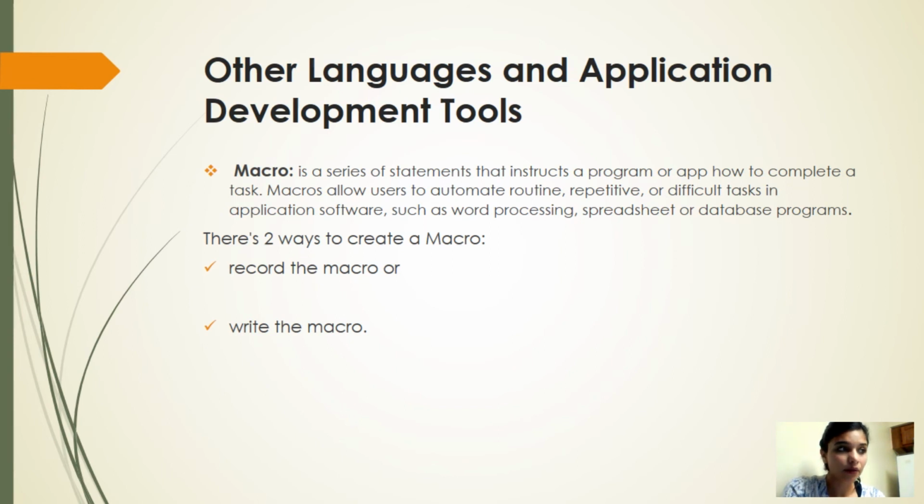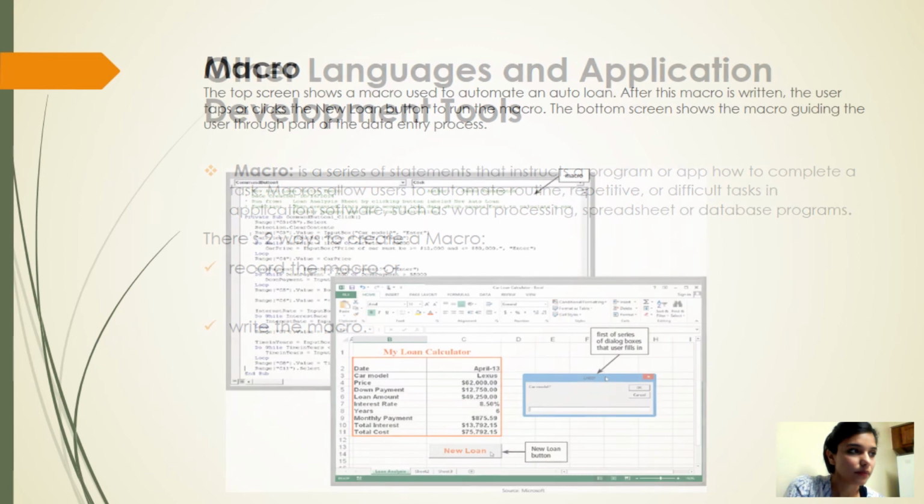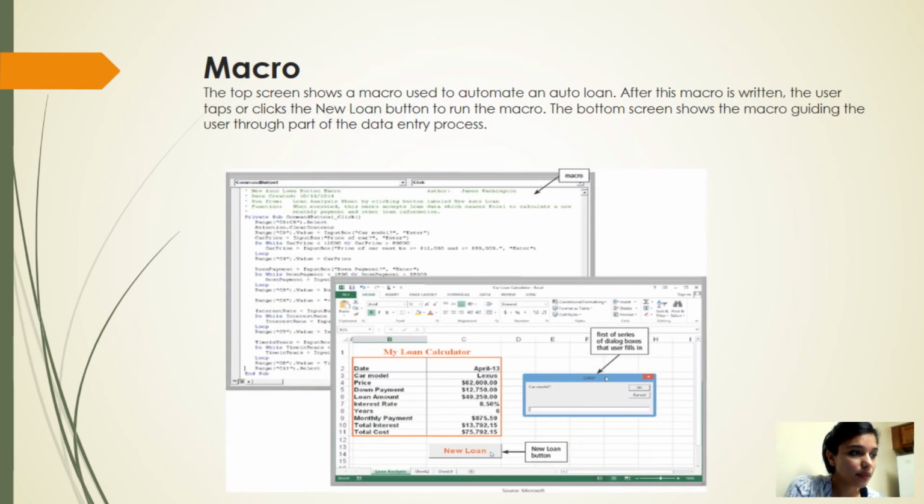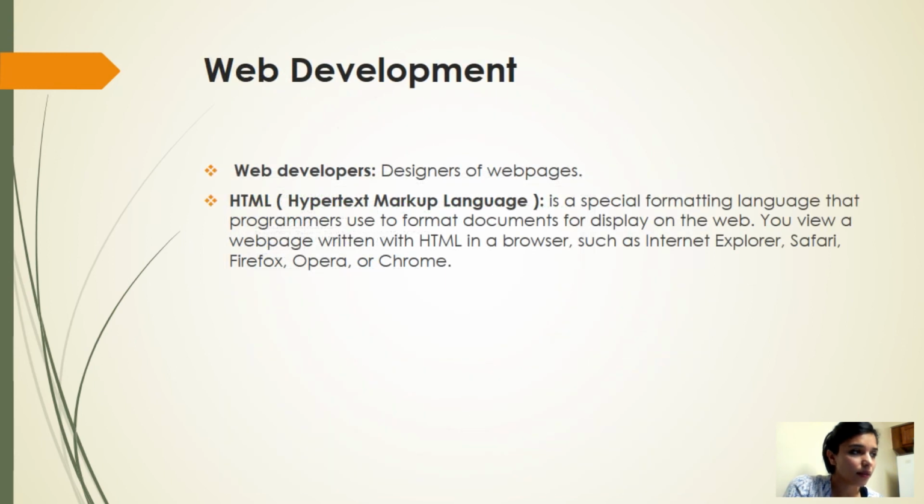There are two ways to create a macro: record a macro or write the macro. And here is an example of how a macro runs.